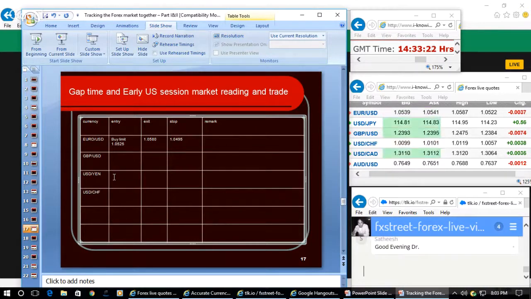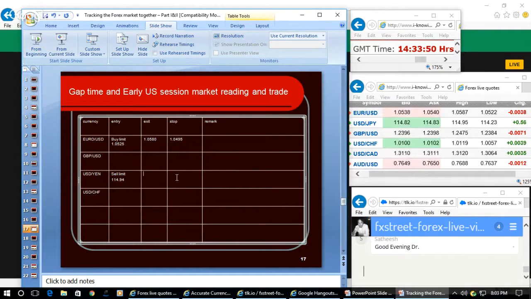In the case of yen, they are expected to make a dip because they have just gained up to 114.95. So we can keep a sell limit at 114.94, just one pip below the high that they set.